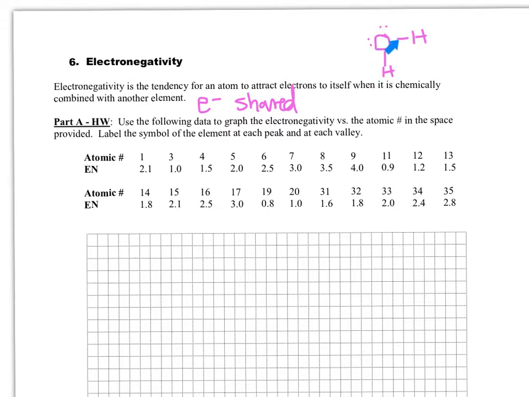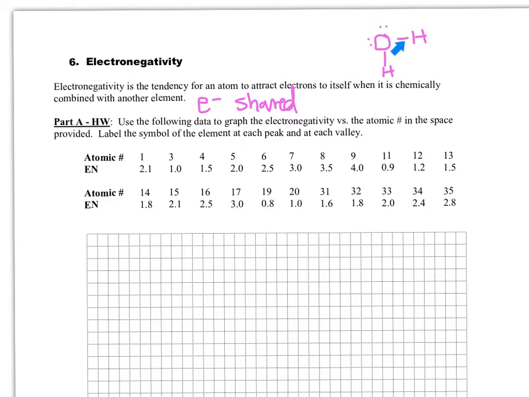So even though these electrons are being shared, sometimes they're not shared very equally. Sometimes one atom attracts the electrons to itself a little bit more than another. So in water, the oxygen we say is more electronegative, meaning that it attracts the electrons in this bond towards it more than towards hydrogen.